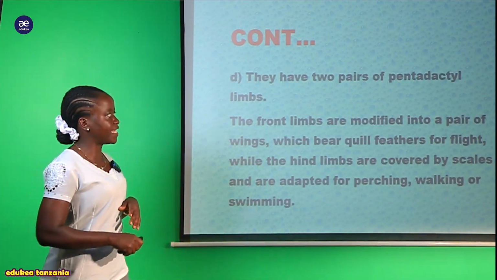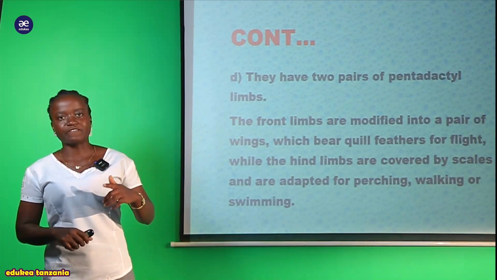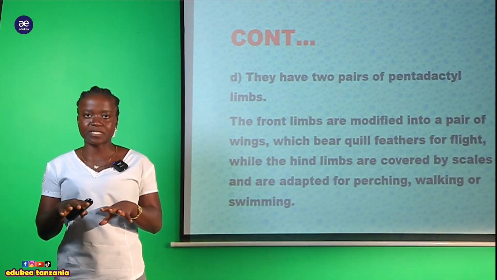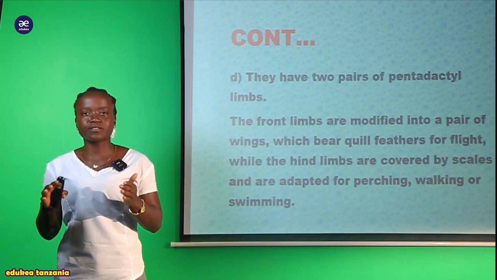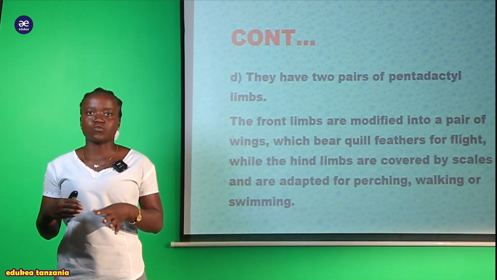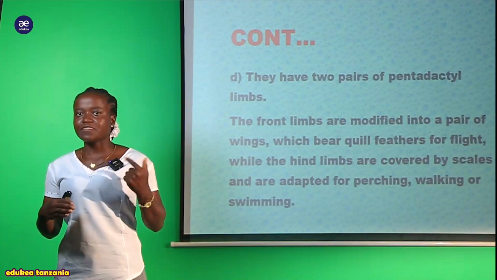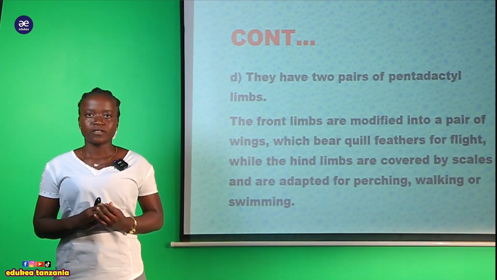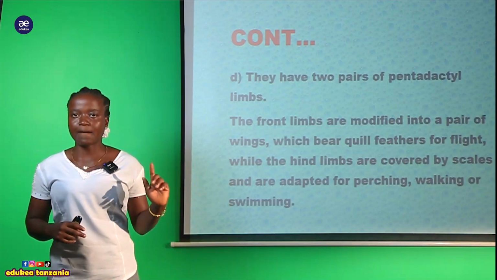The word penta means 5. Dactyl limb means that when you look at their limbs, whether the wings or the legs, when you count the fingers, you will find there are 5. And that is the characteristic of all chordates. So those organisms are pentadactyl limbs.